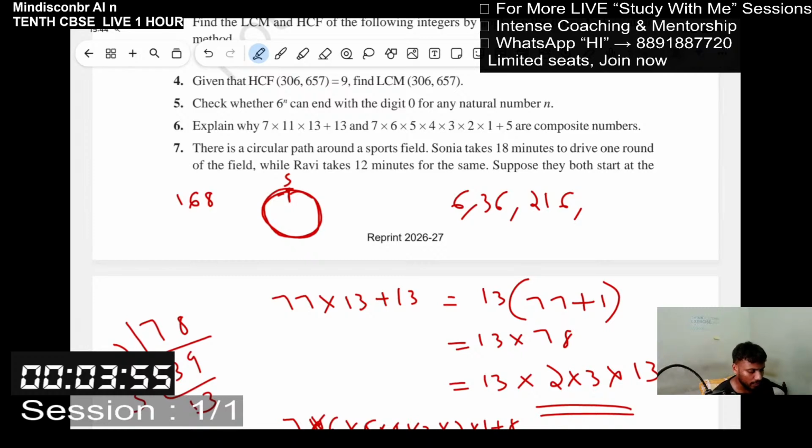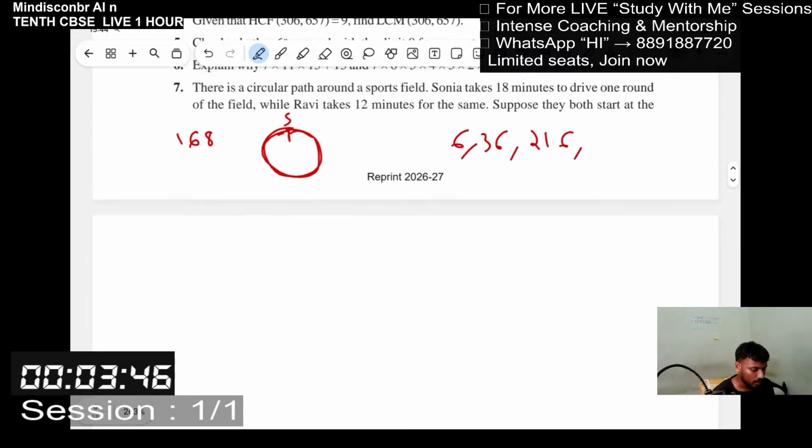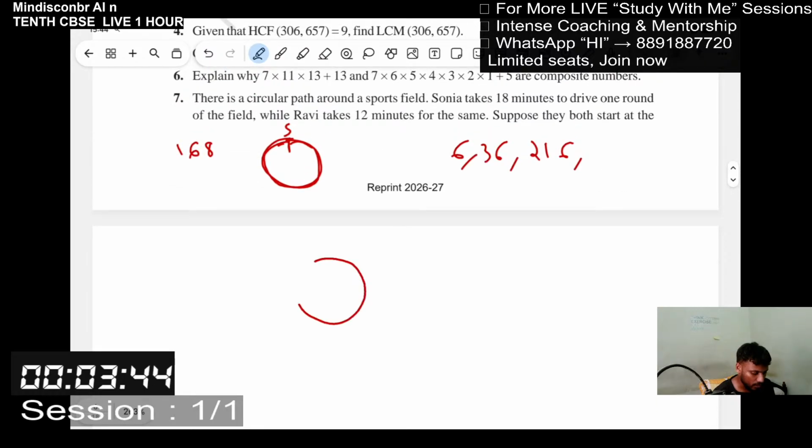Let's take the case of Sonia. Sonia completes one revolution and gets here at 18 minutes. Then she will complete the next rotation at 36 minutes, then 18 into 3, that is 54, then the next rotation at 72 minutes.